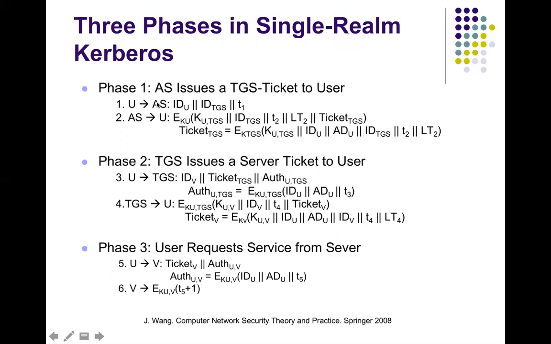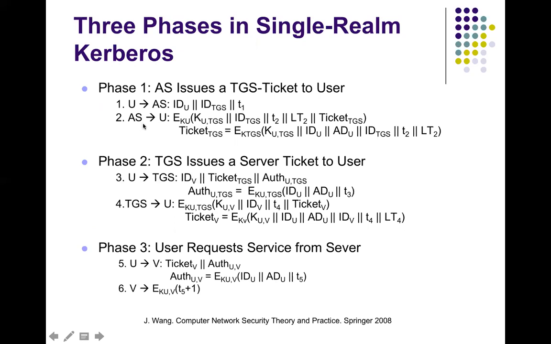So U sends in a request to authenticate U to AS, which puts in the user ID, indicates the TGS ID, which TGS, and then timestamp 1. When you first log on, that's when this request is sent, and there's a timestamp, T1.